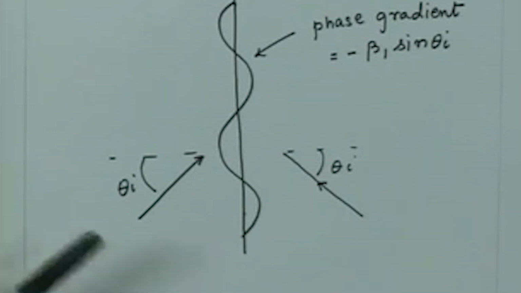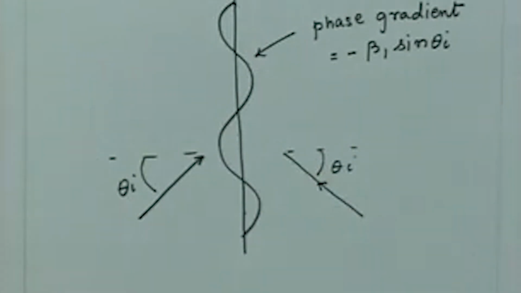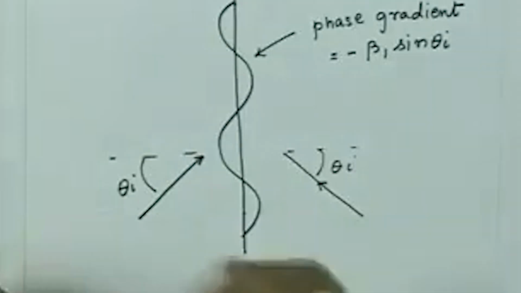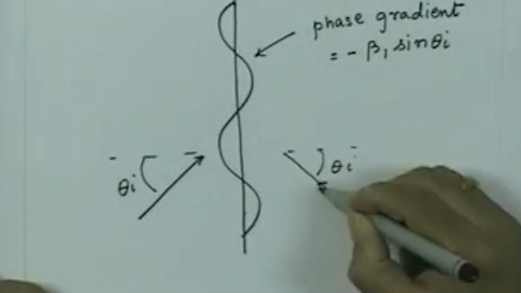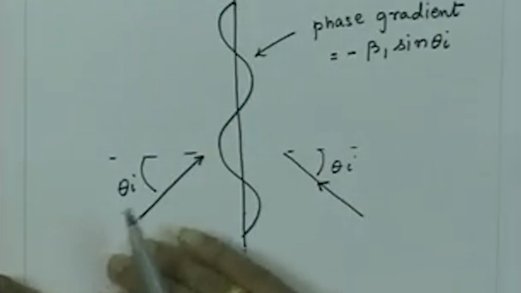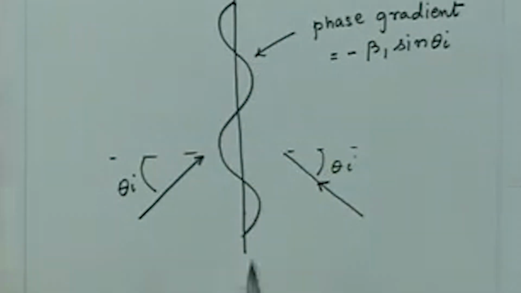So whether the wave is coming this way on the interface or the wave is coming this way from the interface, both are going to create identically the same phase gradients. So if the wave was travelling through the interface like this, then it will correspond to this phase gradient. If the wave was passing through the interface like this, it will create the phase gradient which is like this.